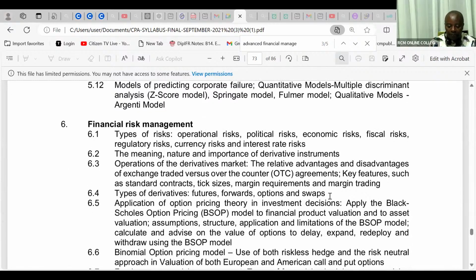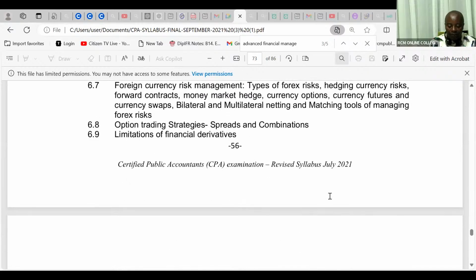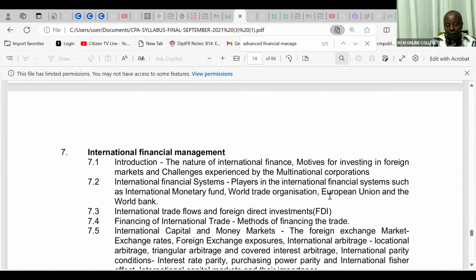All right. So we'll be looking at all this. International financial management: we shall be looking at the Bretton Woods institutions, for example the IMF and the World Bank. Most of these institutions have really messed up some of these countries, like in Africa. Why?